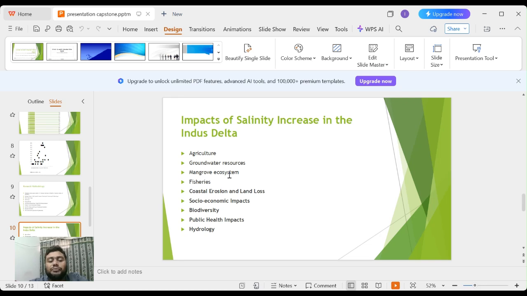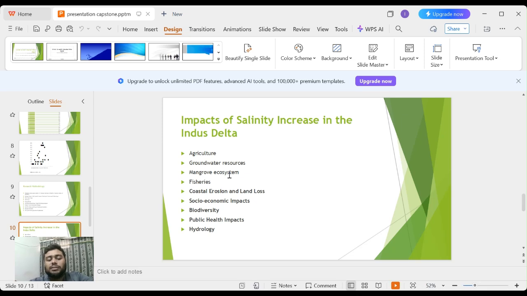The next one is the impacts on fisheries. The aquatic ecosystem has been impacted. Salinity has impacted this ecosystem very badly. Major effects include loss of economic freshwater fish species, so the fishes have shifted toward marine and brackish water species.